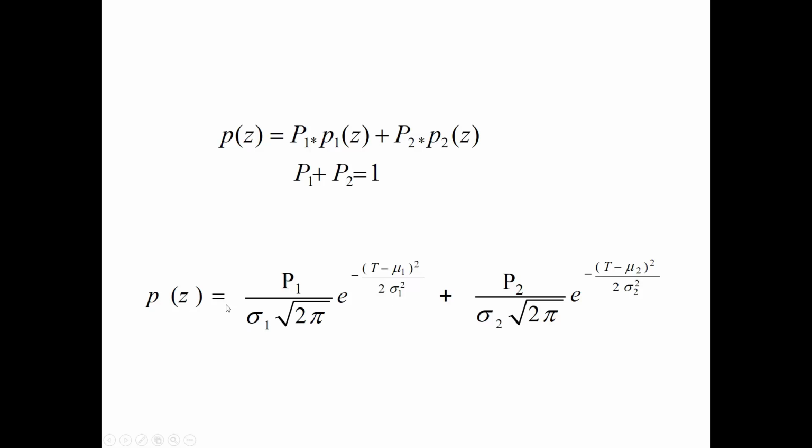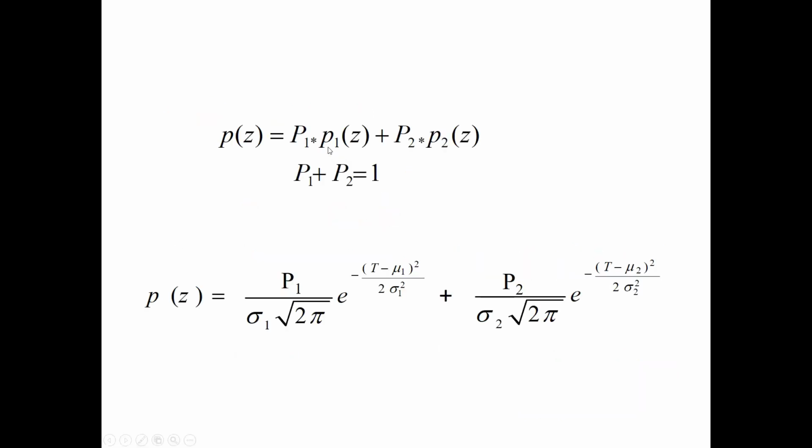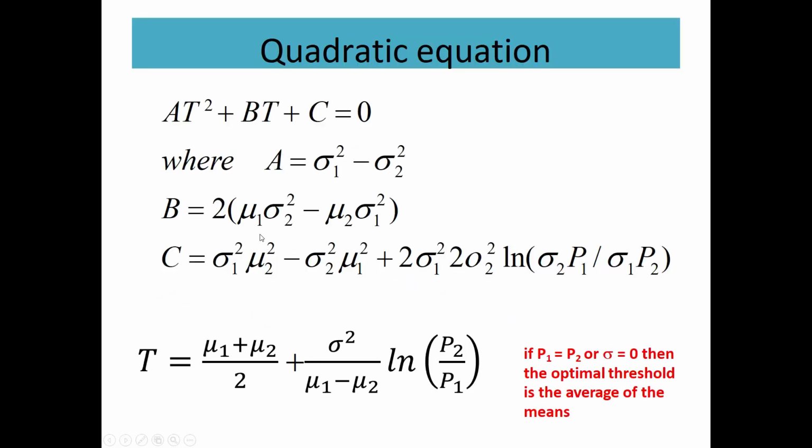So now p(z) is equal to P1 upon sigma1 root of twice pi, e to the power minus (T minus mu1) square by twice sigma1 square, plus P2 upon sigma2 root of twice pi, e to the power minus (T minus mu2) square divided by twice sigma2 square. Now if you want to solve this equation, we are going to take the log of this one and simplify this equation as a quadratic equation.